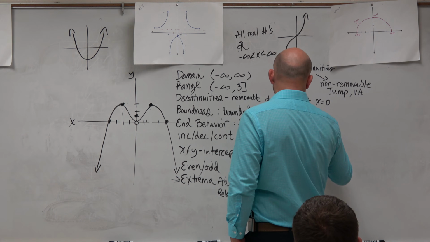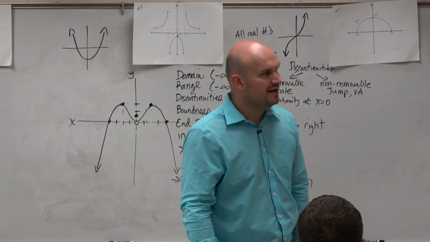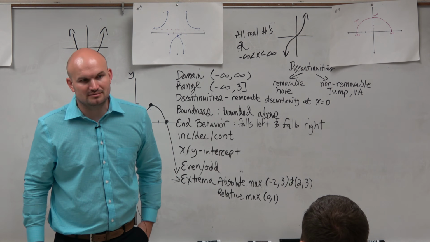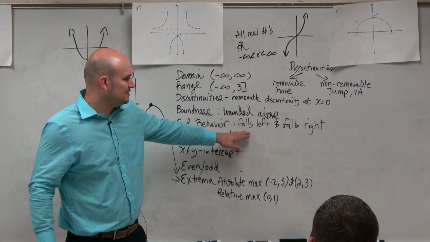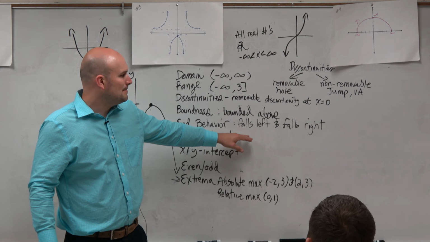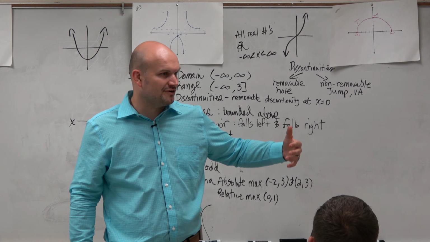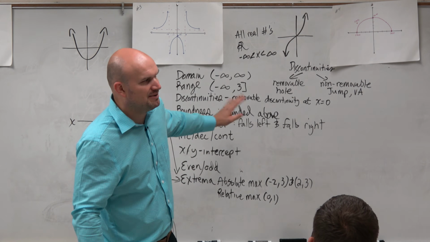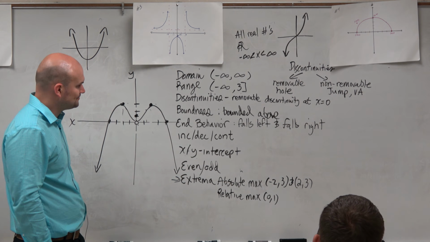That's a little bit more descriptive than down, down, up, up, positive, positive, negative, negative. Don't worry, I don't really care too much about this, because next unit we're going to have a formal mathematical definition for end behavior.